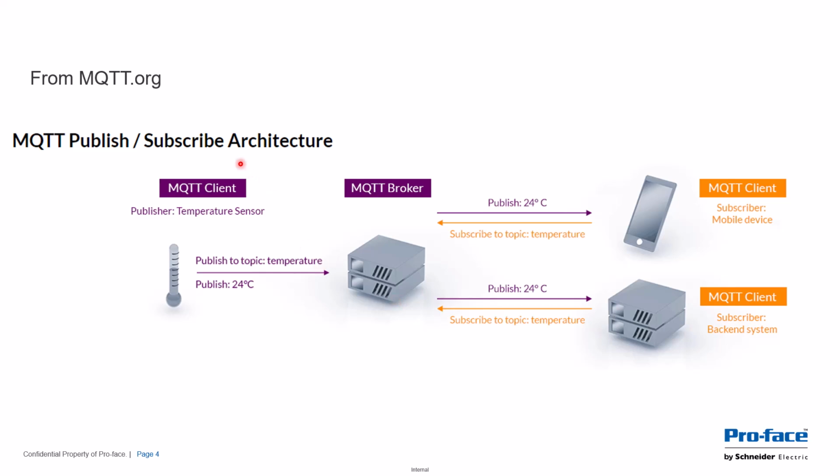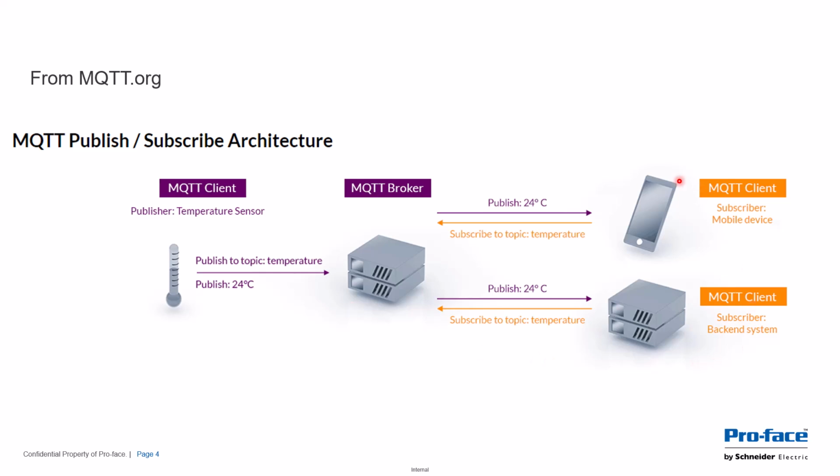On one side, you'll have clients that perhaps will be publishing data to the broker. This device is doing nothing else but publishing the temperature from this particular sensor. Maybe it publishes on a time basis, maybe on data change. That's completely up to you and how you implement it in the client. Now it's on the broker, and different clients can come along and subscribe to that topic, once they can connect to the same broker.